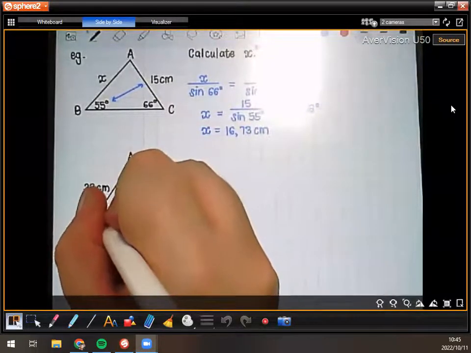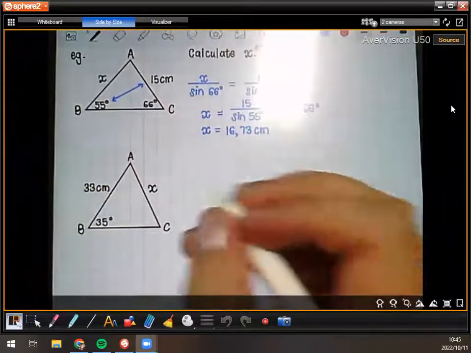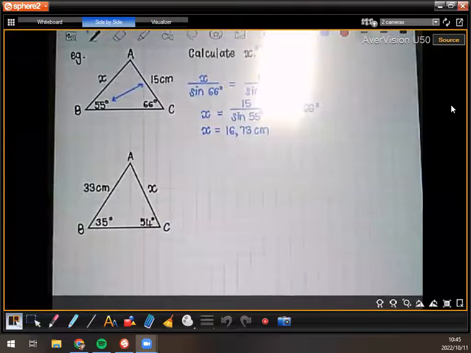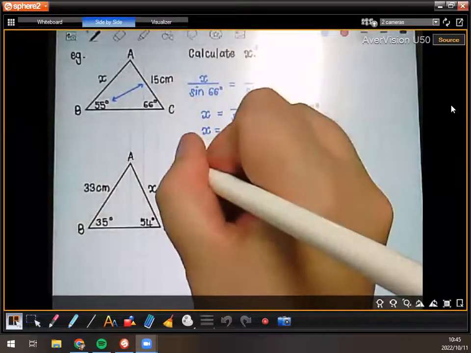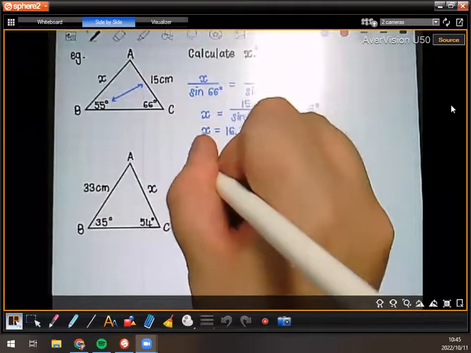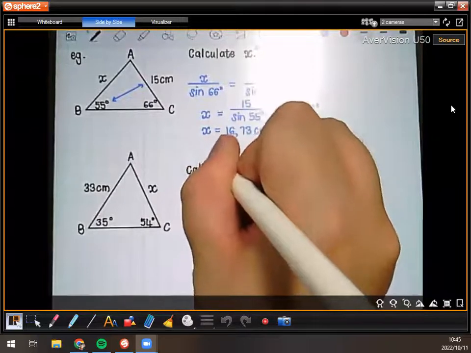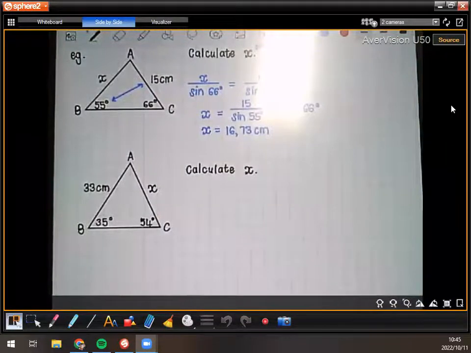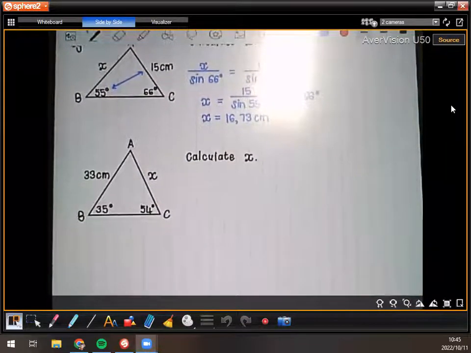And we have 35. And we have 54. Alright, guys, I want you on your own to calculate this.